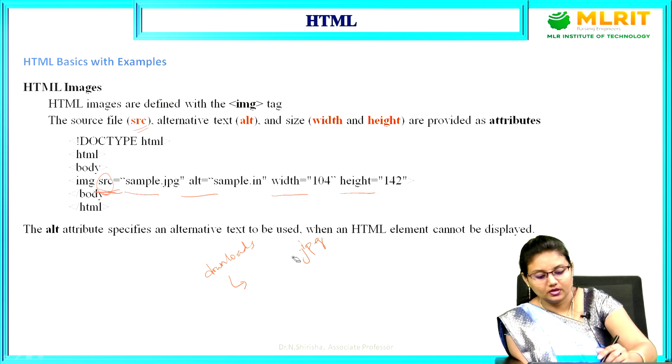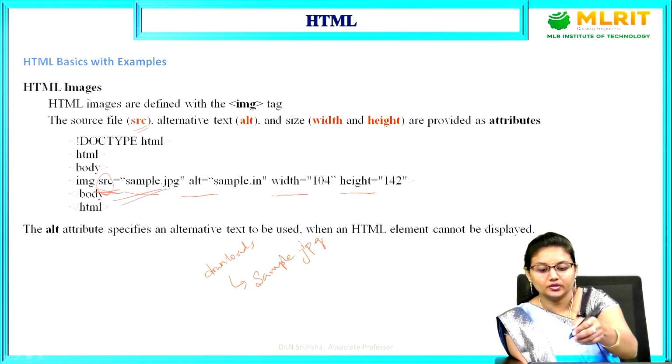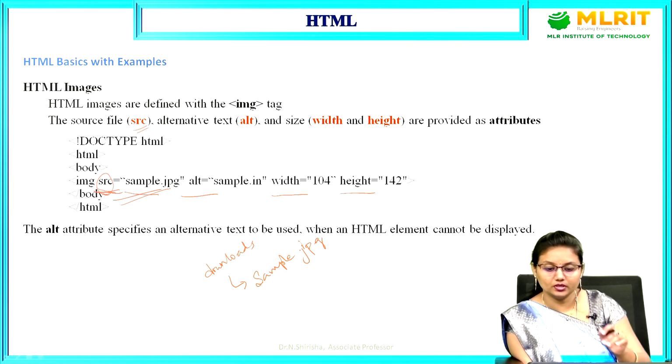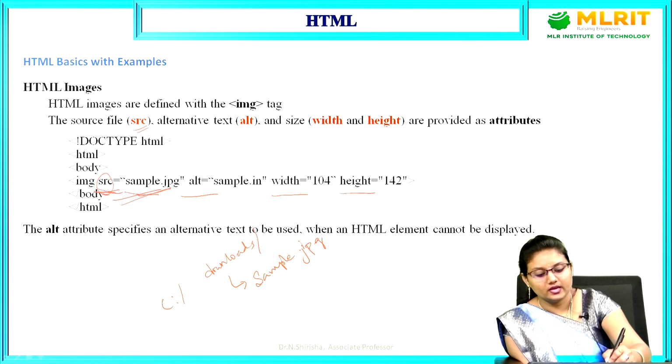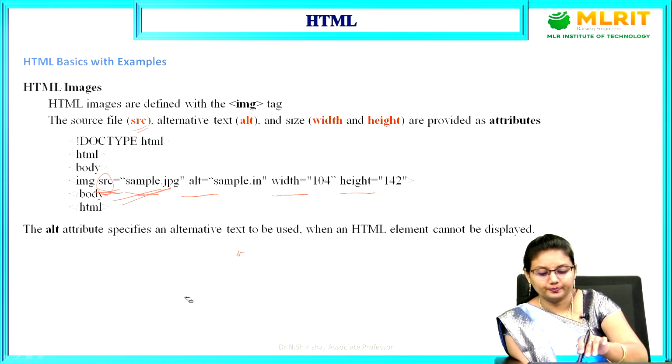Say you have saved that sample.jpg in your downloads. So you can give the complete path, or you can give the relative or absolute path, either only the name or the complete path, like C drive / some complete path / downloads / sample.jpg. Like this you can give it completely, or a relative path is also okay. So that is about the source.